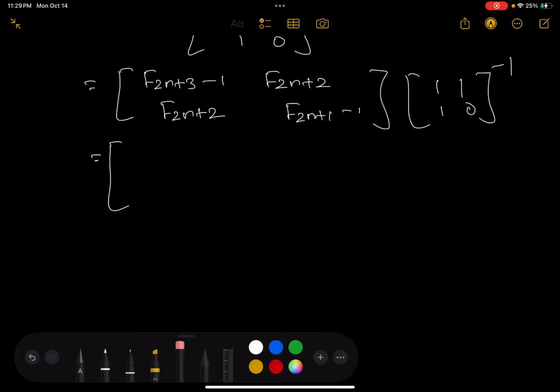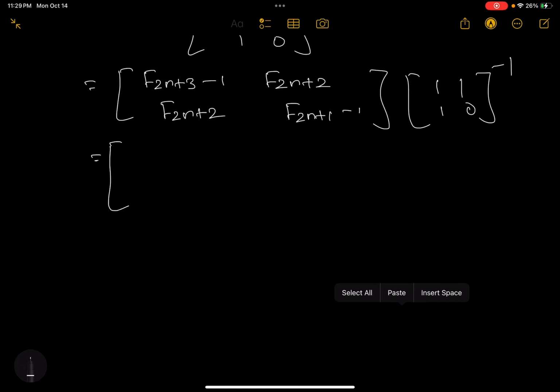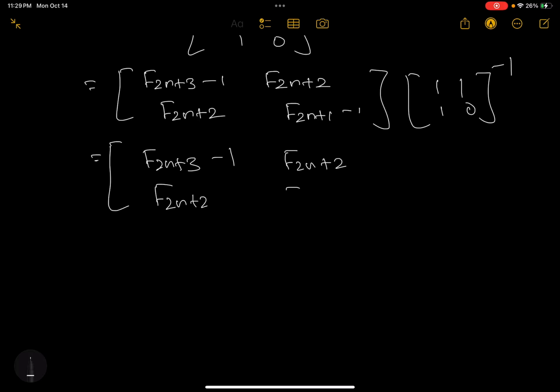Okay. Now since you know that, we can find that over here it will be the same thing. And over here, this will be 0 minus 1 minus 1, and 0 1 minus 1 minus 1, right?